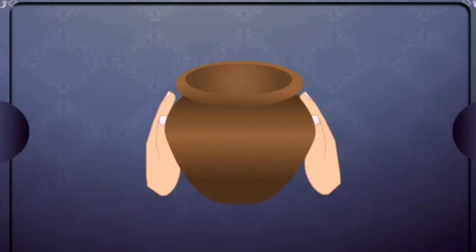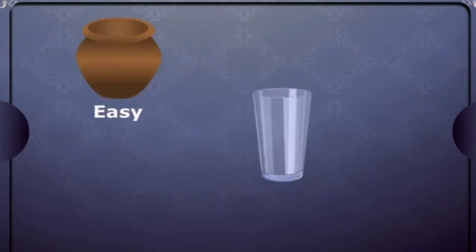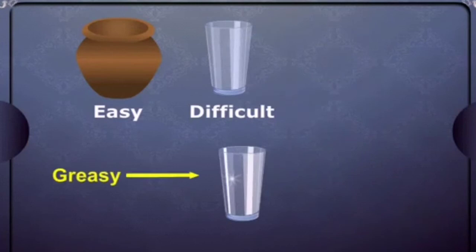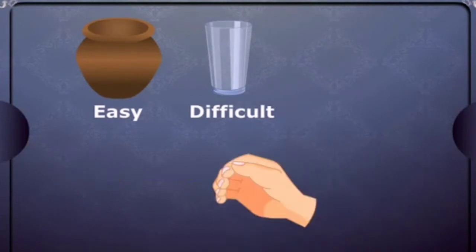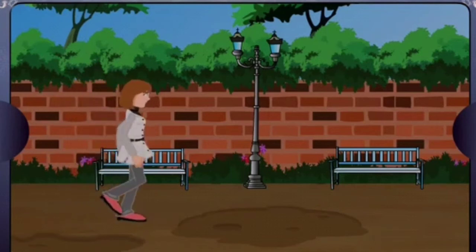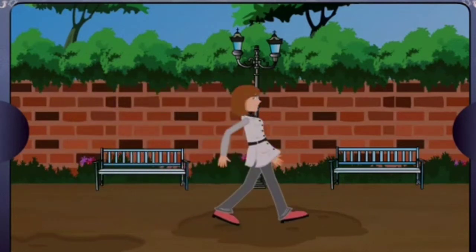We can easily hold an earthen pot, but it is difficult to hold a glass tumbler. It becomes more difficult to hold a greasy glass tumbler. Similarly, it is not at all easy to move on wet, muddy tracks due to its smooth surface.